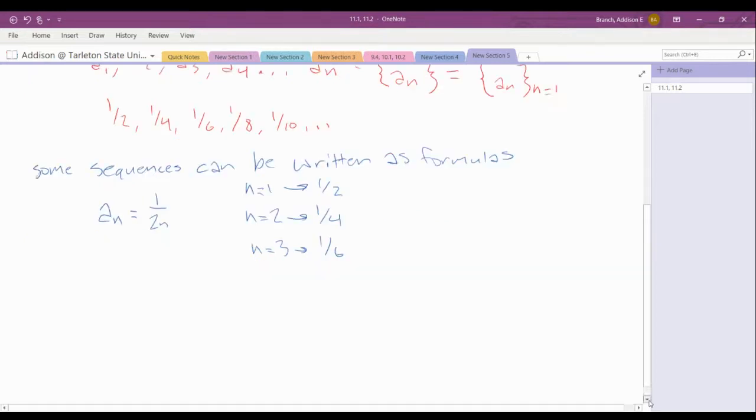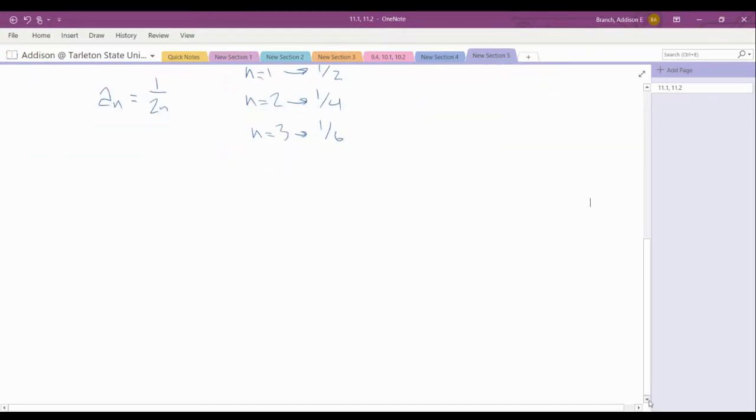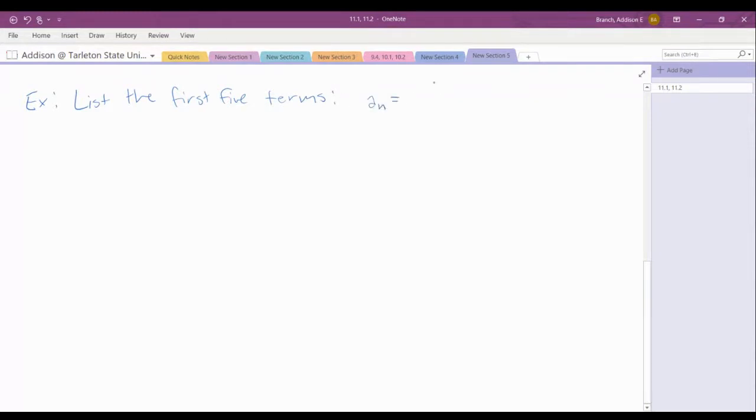So let's go ahead and try a quick example of this, just to get used to going from formulas to terms and terms to formulas. In this example, we're just going to list the first 5 terms. We are given the sequence a sub n is equal to 1 over (n plus 1) factorial.